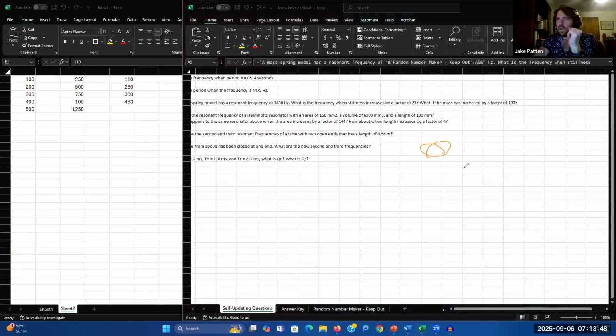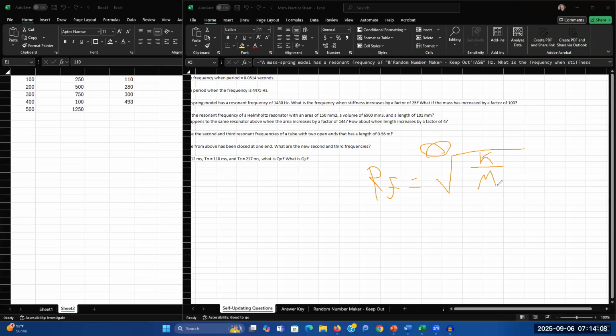That's the one where you've got resonant frequency equals square root of K over M. Wait, I have something different in my notes. Do you?